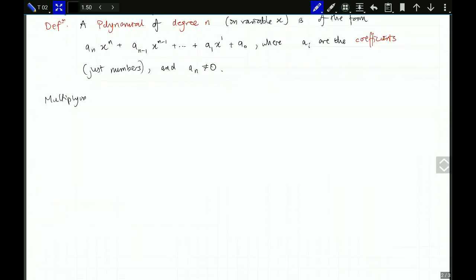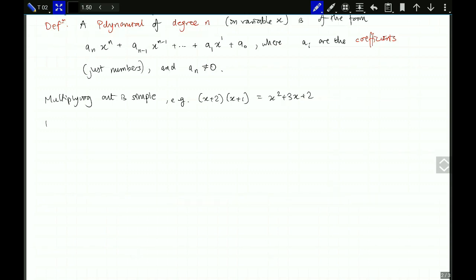Multiplying out is simple, e.g. (x + 2)(x + 1) is equal to x squared plus 3x plus 2.